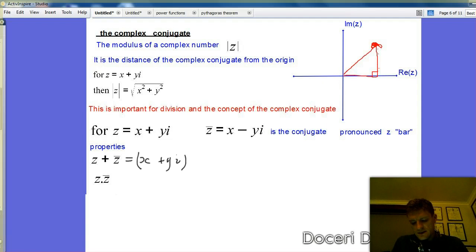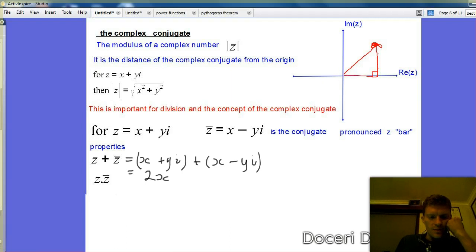Now let's add its conjugate, x minus yi. As we can see, we have two x's there, and the y's will cancel out through subtraction. So we started with a complex number, and we added its conjugate, and we ended up with just a real part, a real number only.